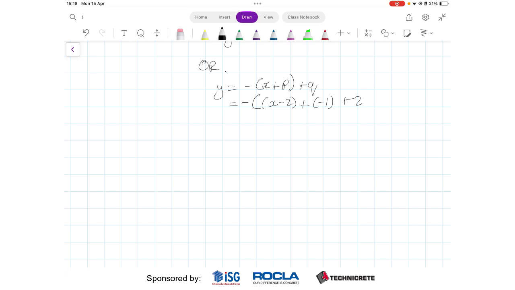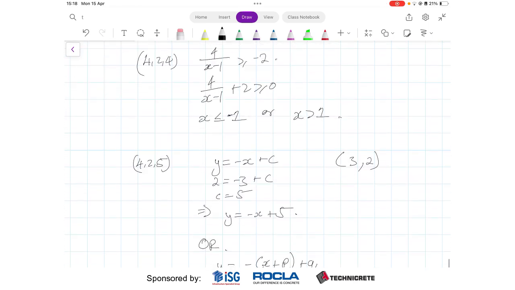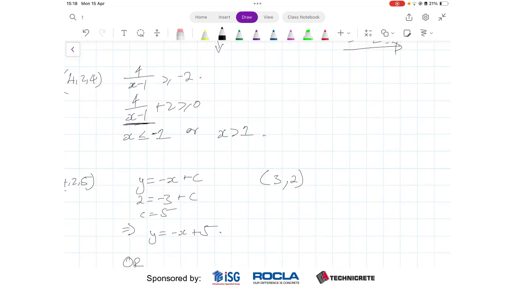Although our p should be a positive 1, we are taking it as is from the formula, right? Because the formula for a hyperbolic function states that any hyperbolic function, f at x, has the form a over x plus p plus q.